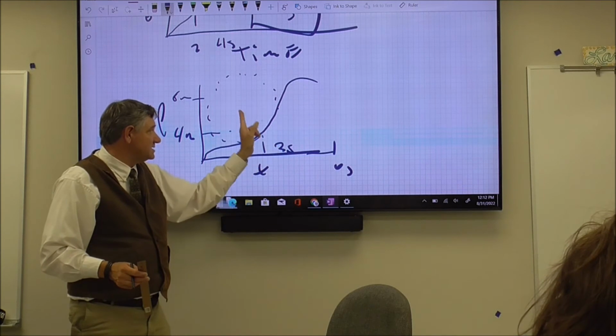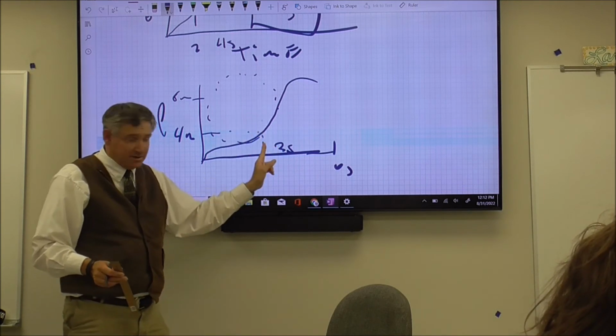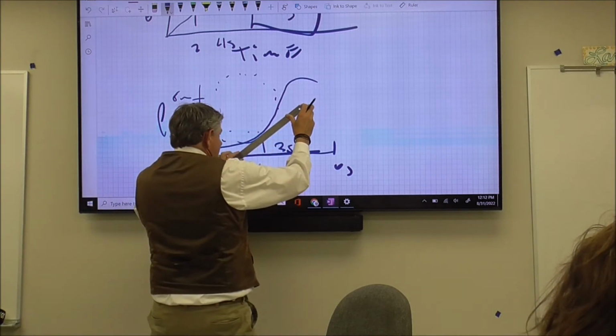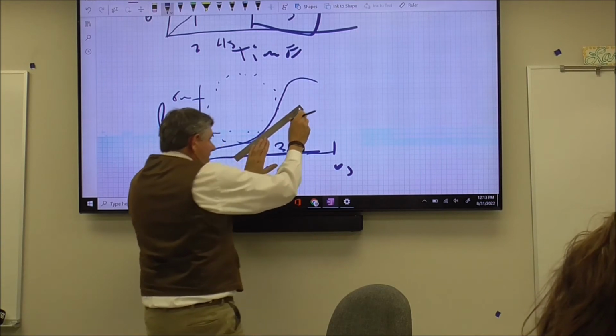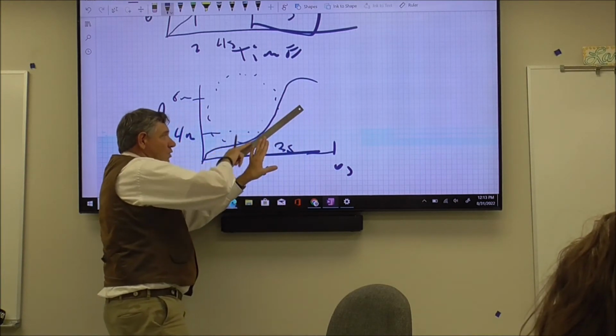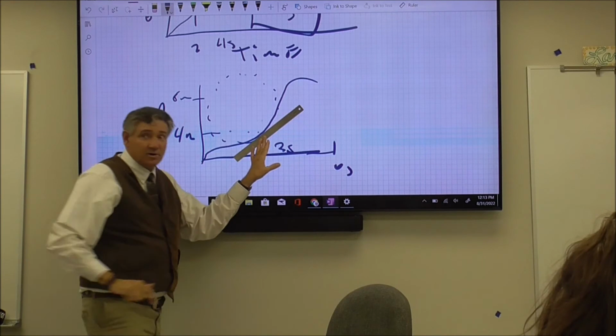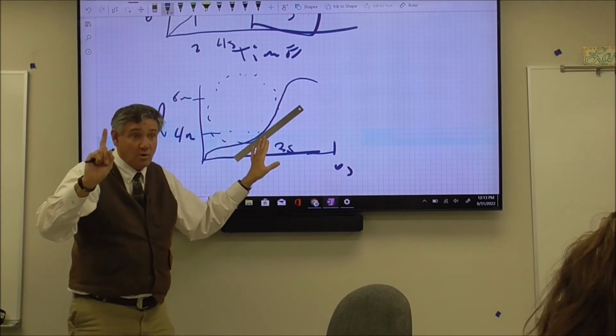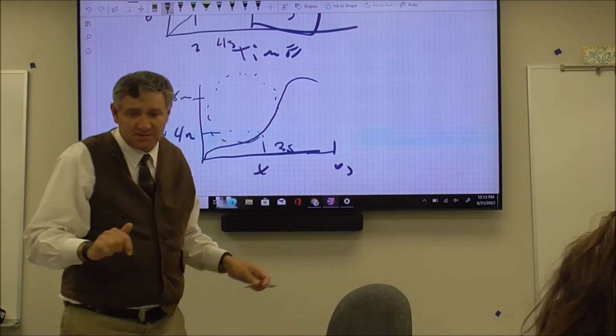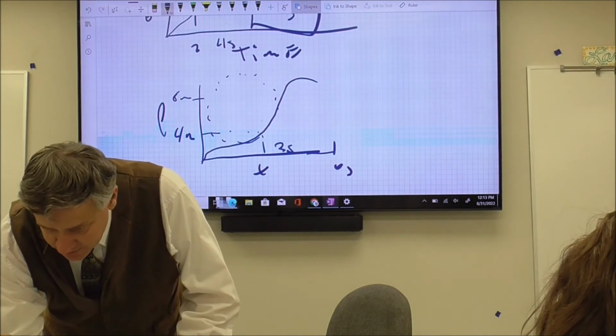So you have to imagine that your radius line is here, and you're going to take that ruler and draw that line where it touches that curve at exactly 1 point. So you're going to come in here and draw this line.